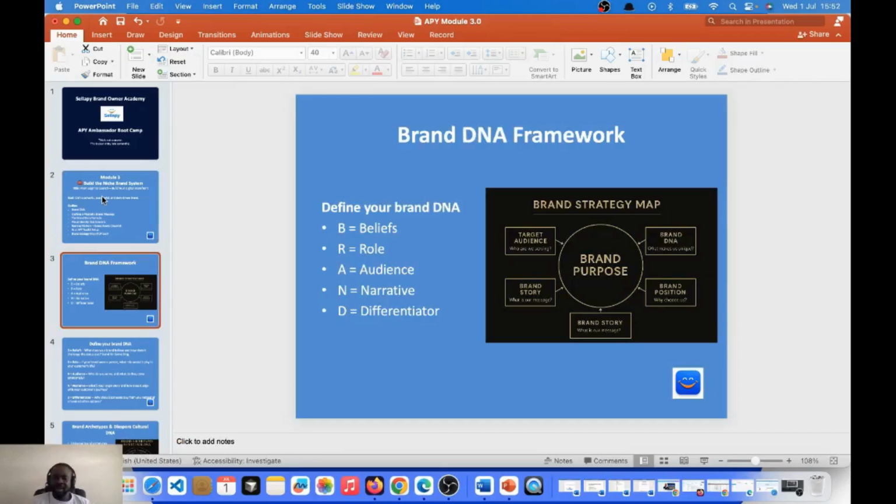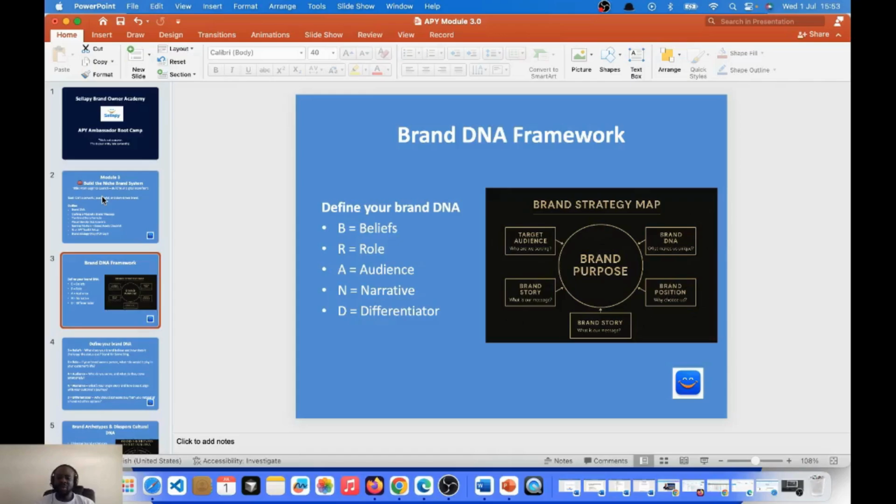So, the brand DNA framework. I know you are familiar with the word brand, especially if you have watched module 1 and module 2. We've been talking a lot about brand, niche brand, but I think it is very important for us to dive deeply into what brand DNA is, which is why we have this brand DNA framework.